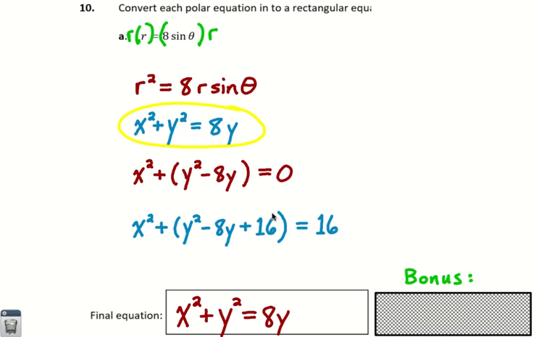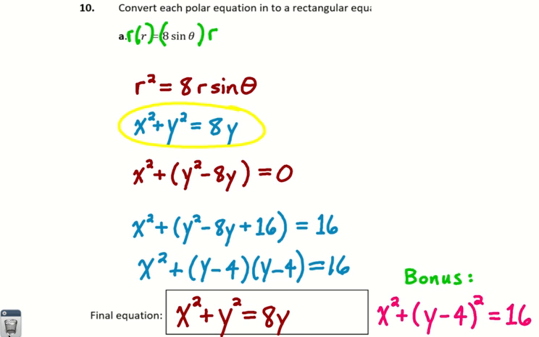And now what that means is this can be unfoiled into y minus 4 times y minus 4, which means it could just be written as that. And this is circle form officially. And if you have your final answer looking like this, you will get bonus points.